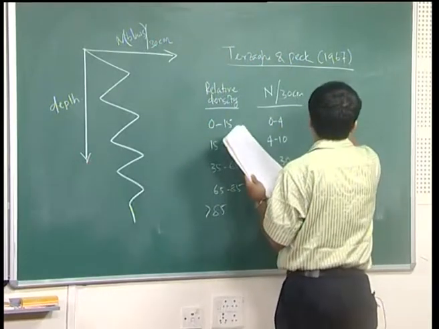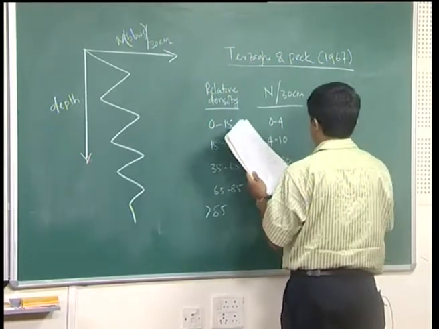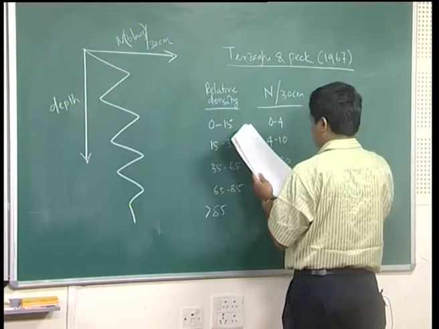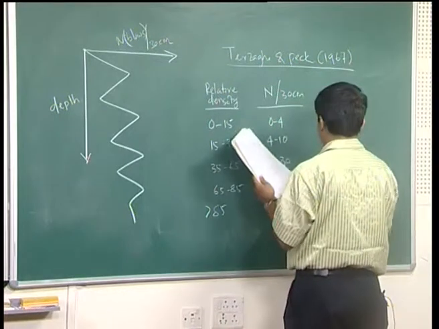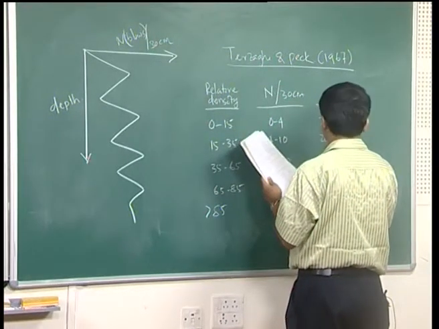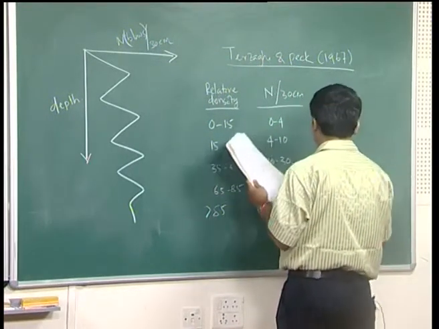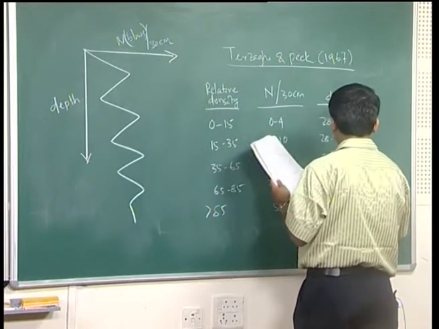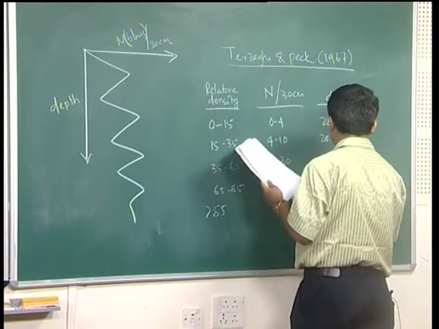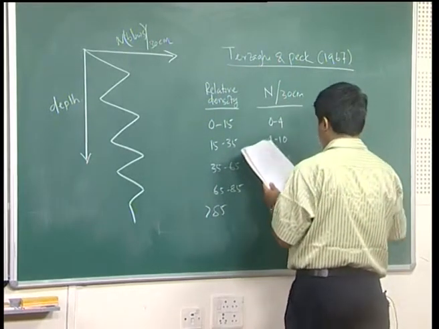The phi angle of shearing resistance: less than 28 degree, 28 to 30 degree, 30 degree to 36 degree, then 36 degree to 41 degree, and above 41 degree.